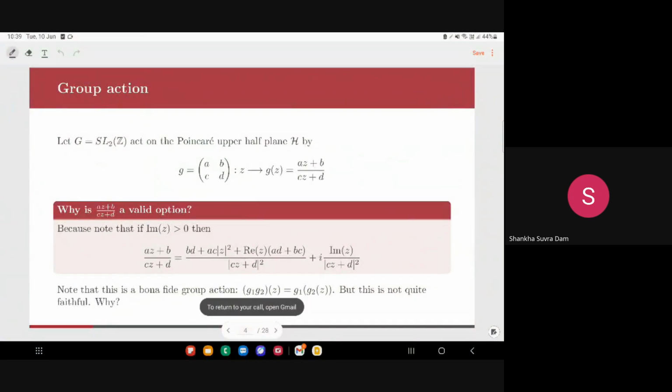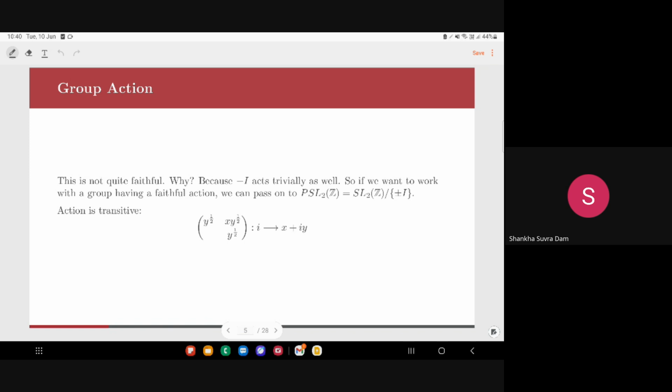So basically, a group action being faithful means there is no element other than the identity element that acts the way the identity element does. Here there is one more element that acts trivially on the upper half plane, because minus I acts trivially as well.